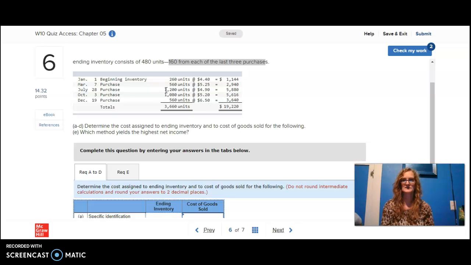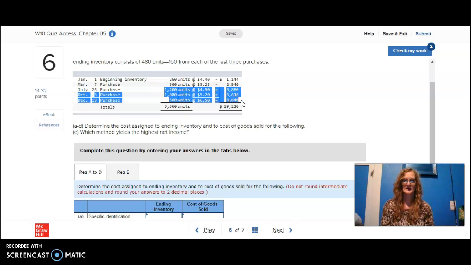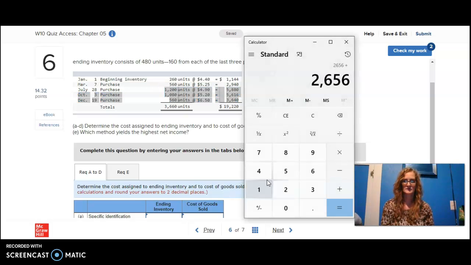So we look at our last 3 purchases and the amounts, and we're going to take 160 times each of these amounts. So 160 times 490, and make sure you write these down after you find them.